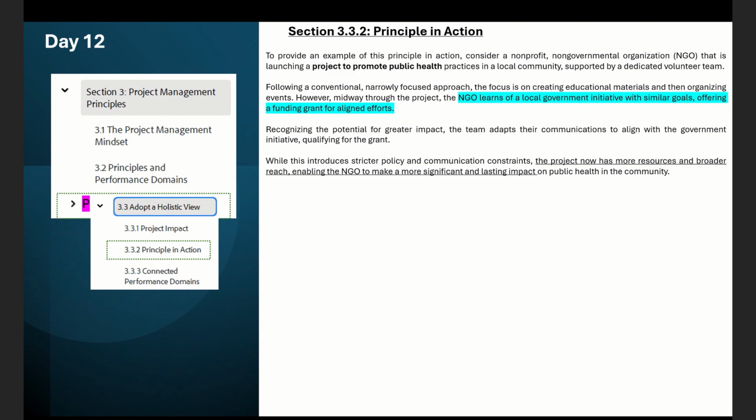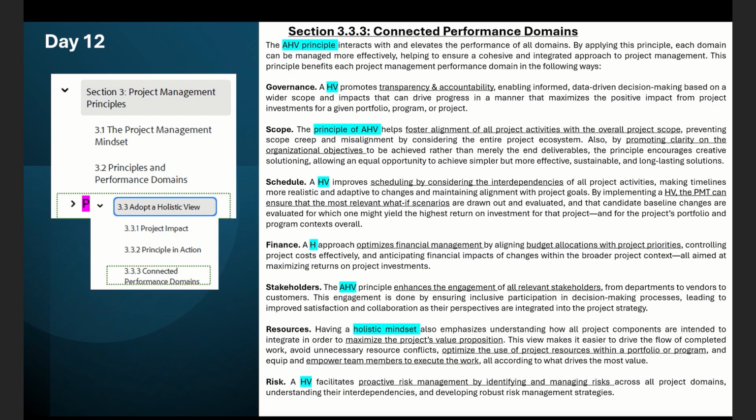In that way, the project obtains more resources because they aligned it with the public guidelines, and for that reason this is a good example of a holistic view, because when we connect all the aspects, we can obtain more resources for our projects.